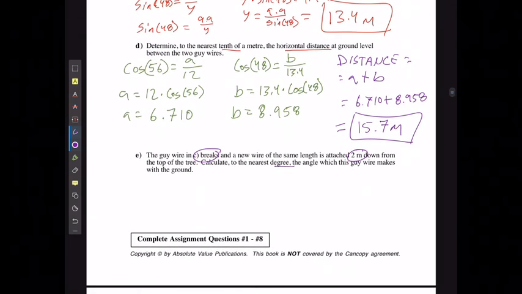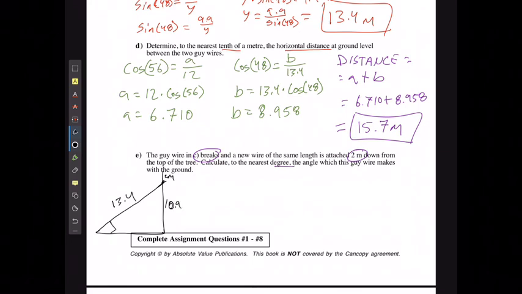So I can say that suddenly, if I draw out another little sketch of this, I have a wire that's going to be the length of 13.4, which we already solved. And then on this side, it was originally 9.9, but I had to move it up 1 meter to attach it 2 meters from the top, which means that this is going to be 10.9.